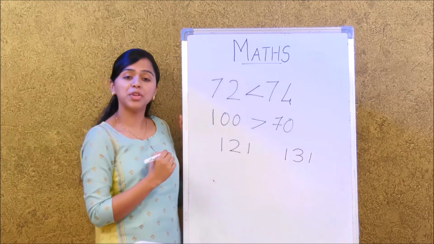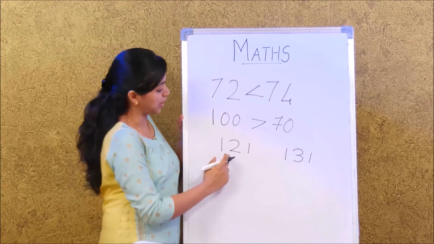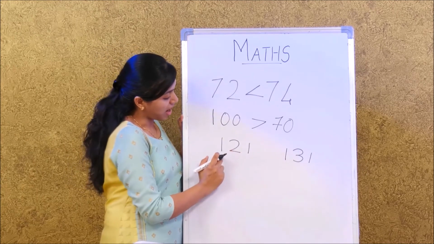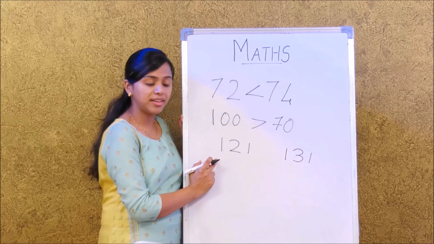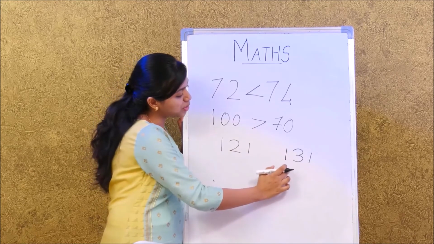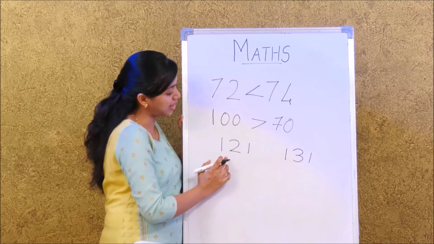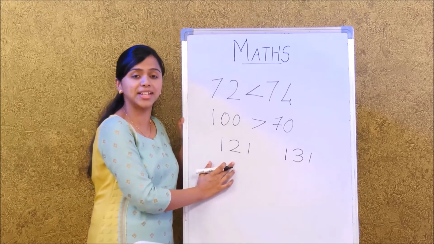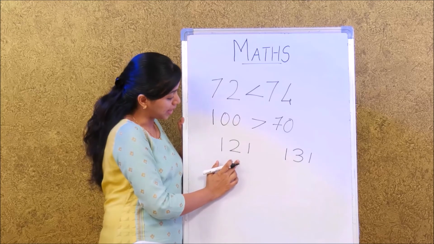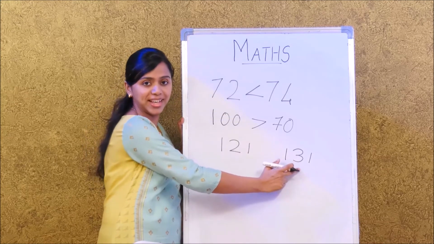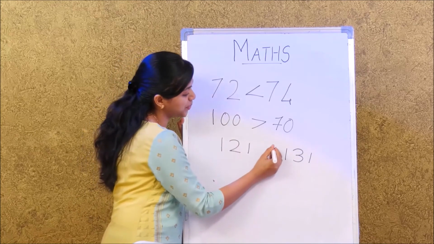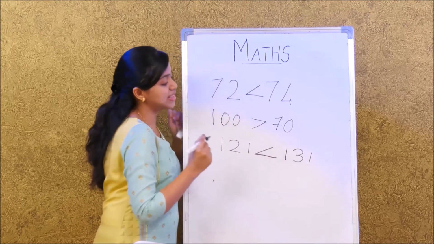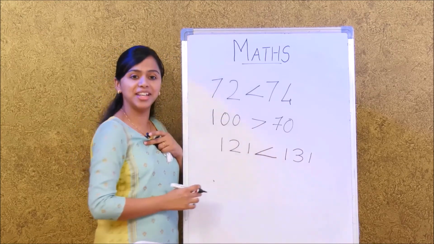Here we have to look at the next highest value, that is the hundreds. This number has 100 and this one also has 100. So then we go by the next one, the tens. We have 20 and we have 30. So which is greater? The 30, right? So 121 is lesser than 131.